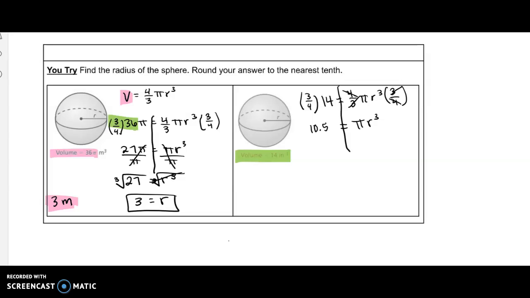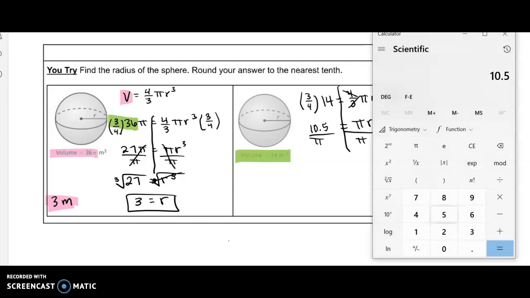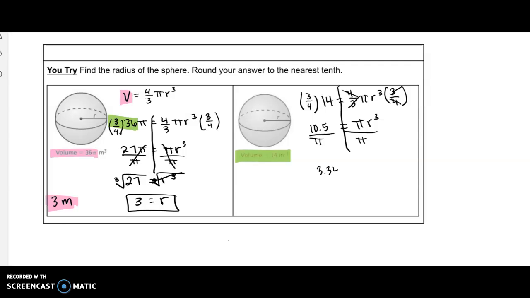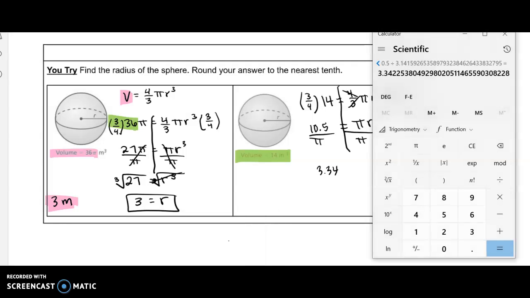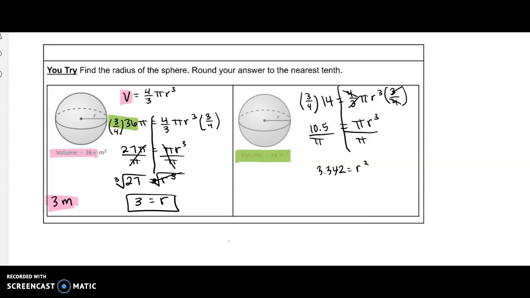Because it's not left in terms of pi, when we divide, we're going to divide by pi on both sides. So we have 10.5 divided by pi. And then that gives us about 3.342 equals our radius cubed. So now we're going to take the cube root of both sides. That cancels our exponent.